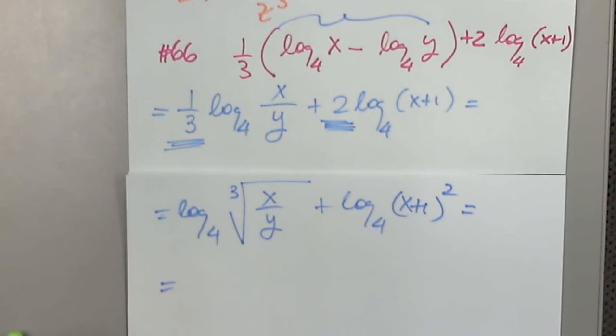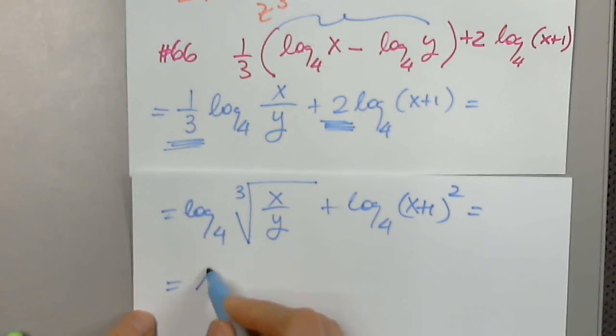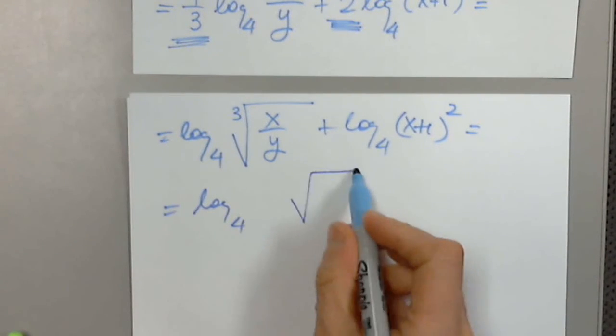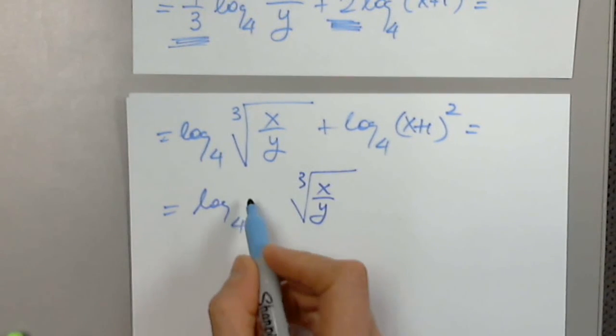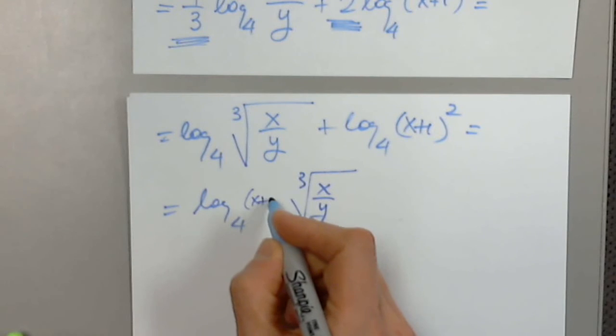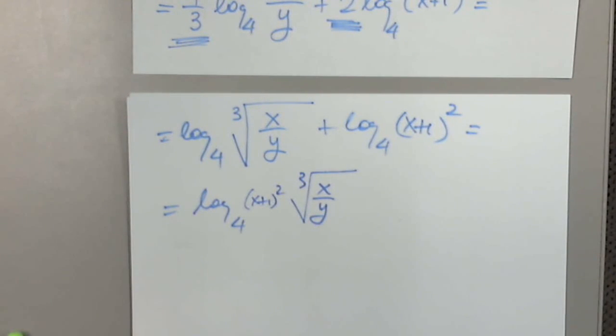And the final simplified form: this is the sum of 2 logs and they have the same base. If they don't have the same base, I cannot apply any rule. Log base 4 of the cube root of x over y times x plus 1 squared. That's it.